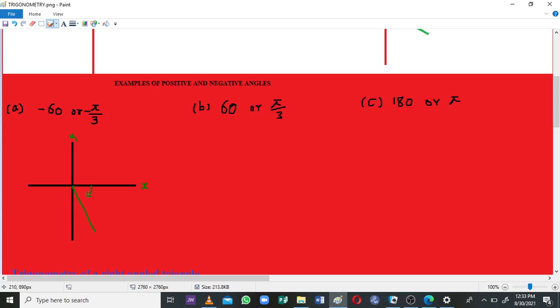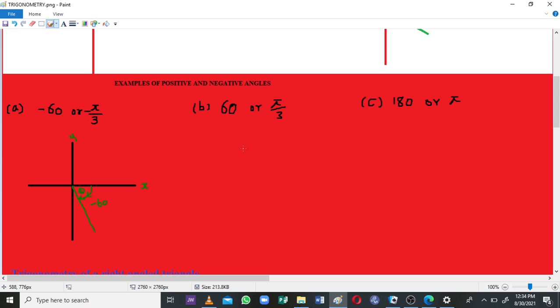If it is measured in a clockwise direction, then it can be shown like this. Then this angle is negative 60. Or when we use the radian measure, this angle, negative 60, is equal to negative pi over 3.